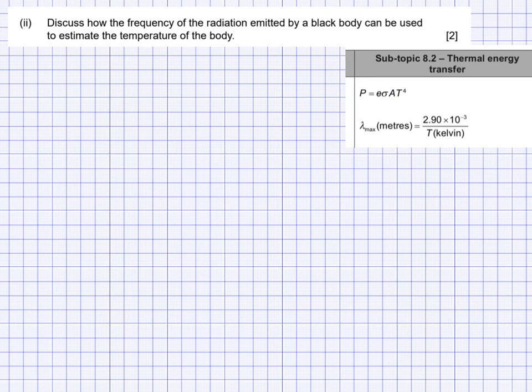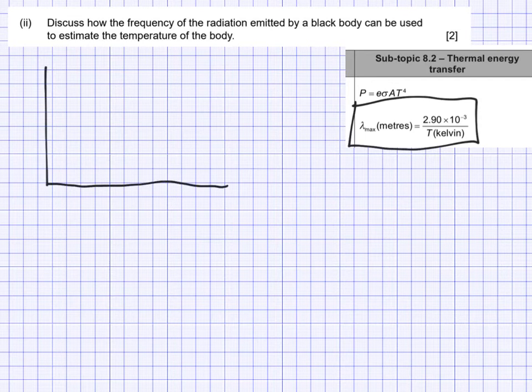All right, part 2 is a little more involved. We're going to be using some values eventually from our data sheet, so just keep that in the back of your mind. But the question is asking, discuss how the frequency of the radiation emitted by a black body can be used to estimate the temperature of the body. So, recall that black body radiation looks something like this.